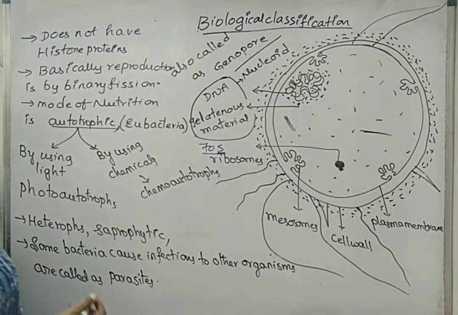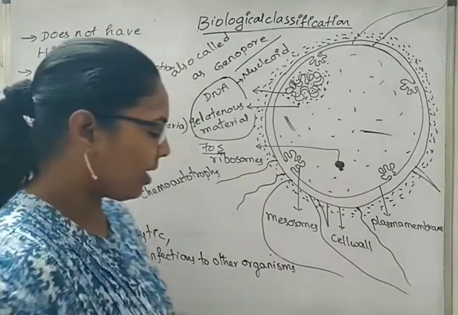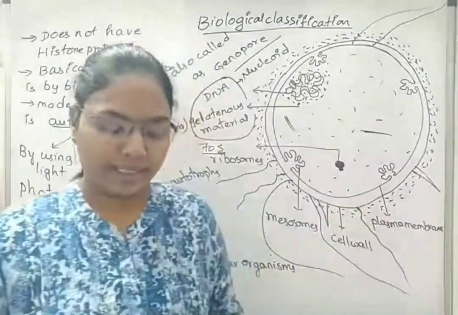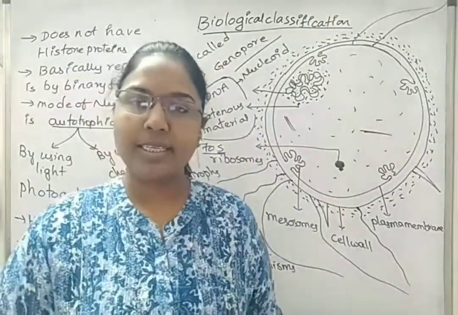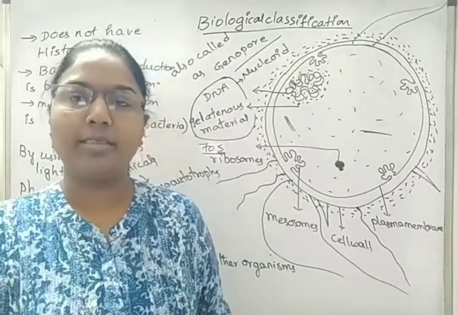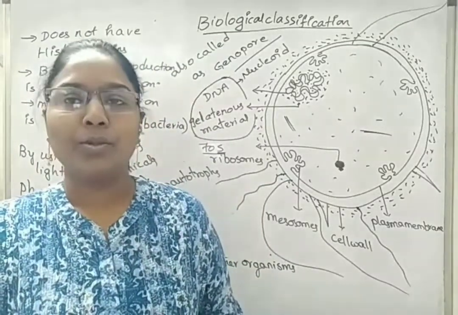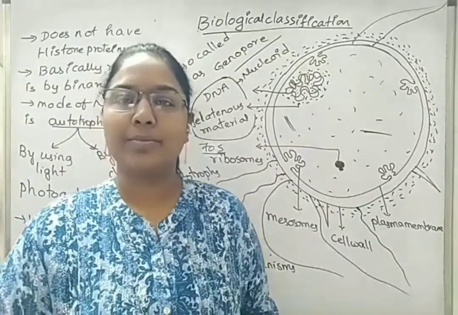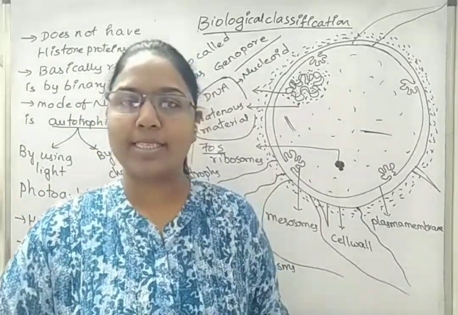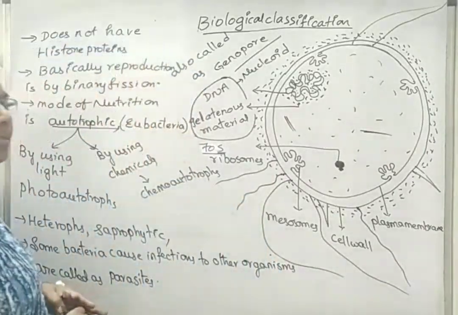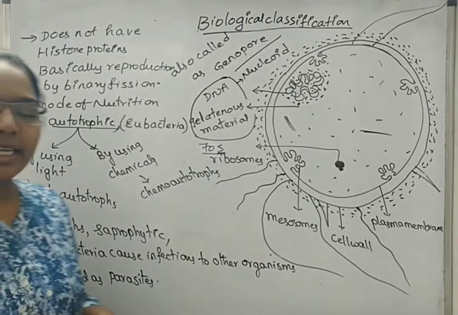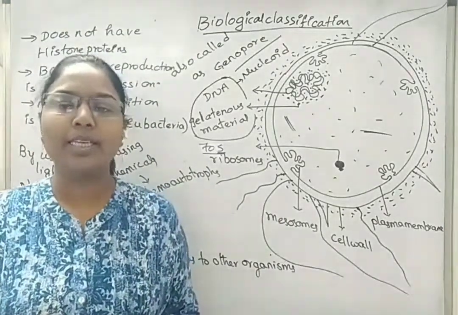Next, in bacteria, we have two different types based on the oldest type and the newly originated. Oldest ones are called Archaebacteria. The new ones, which later modified themselves, are Eubacteria. Under Eubacteria, we read examples like cyanobacteria or blue-green algae.